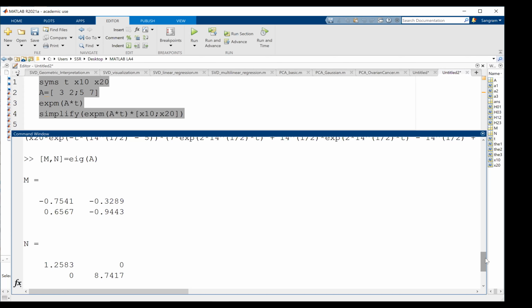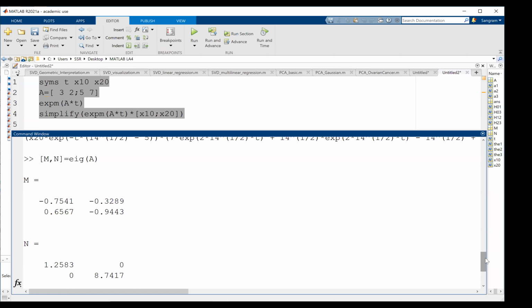Are you with me? Yes or no? Can you see this made our life super simple? Because if I multiply first row, first column, it's very important. First row, first column: y1 dot is equal to 1.25 y1, y2 dot is equal to 8.74 y2.